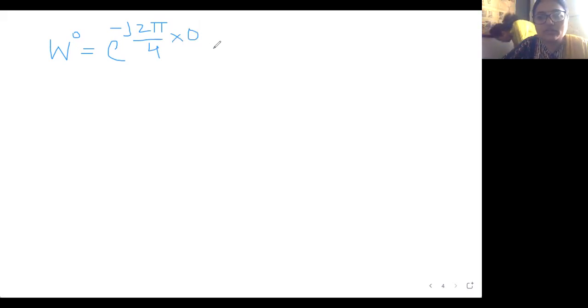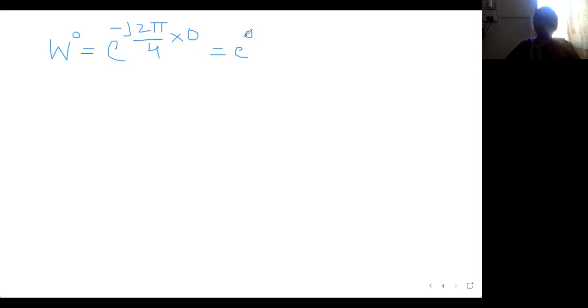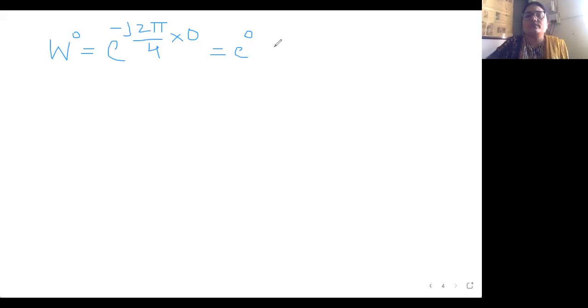So even if one value is 0, the entire multiplication will be equal to 0, right? So e raised to 0, the value of e raised to 0 is always equal to 1.